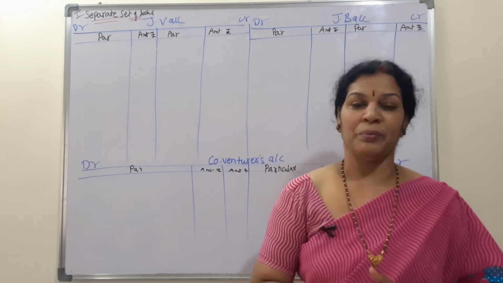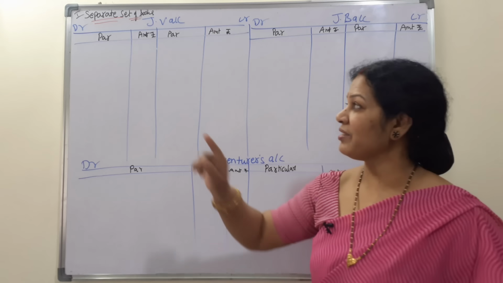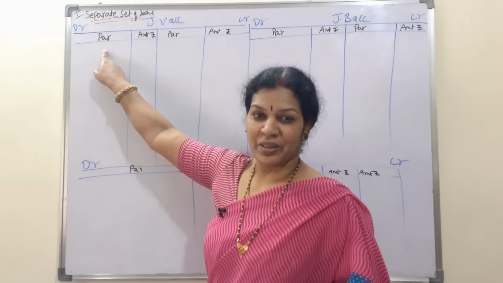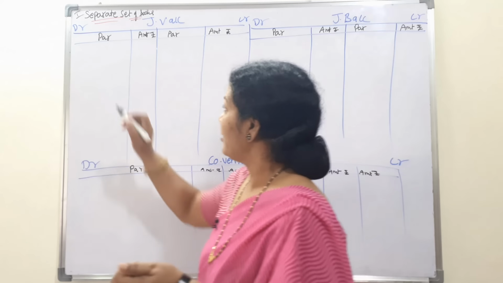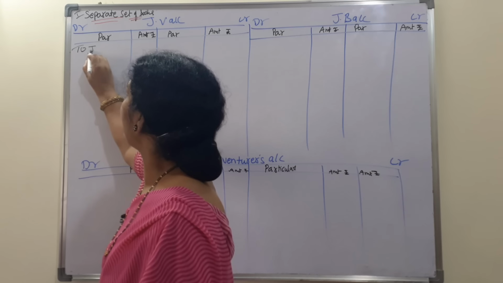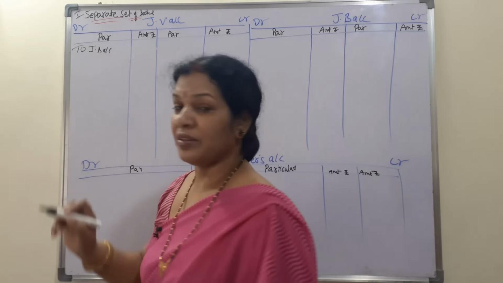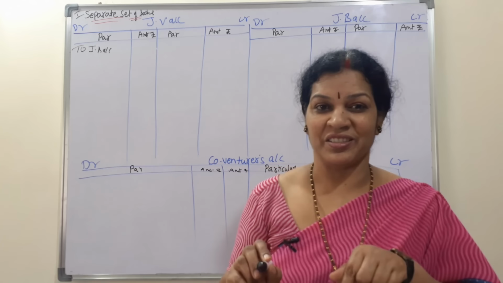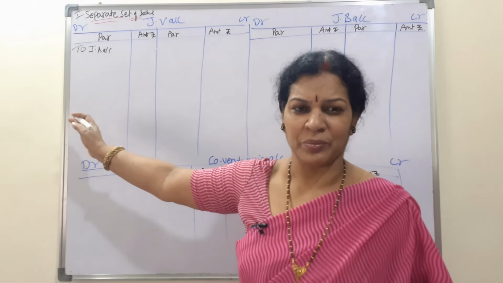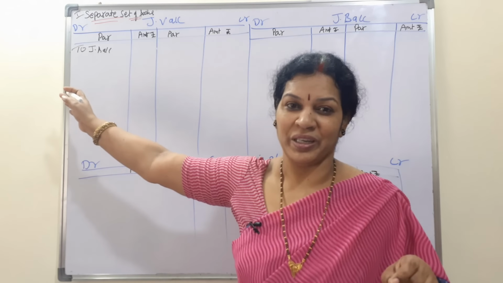For example, purchasing goods, then we'll say to joint bank account, in brackets purchases. Purchasing means debit side. How are you purchasing? Through the joint bank.